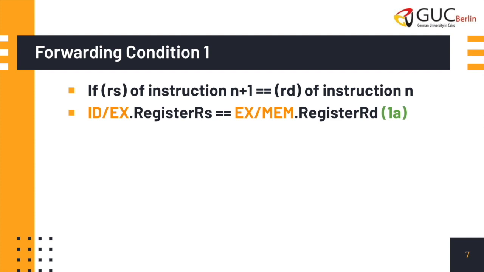How will the data path know that it needs to forward data? It needs to have a forwarding unit which performs some logic to determine whether it needs to forward data or not. And this is the first condition: I am checking if register RS of instruction n plus 1 is equal to register RD of instruction n.